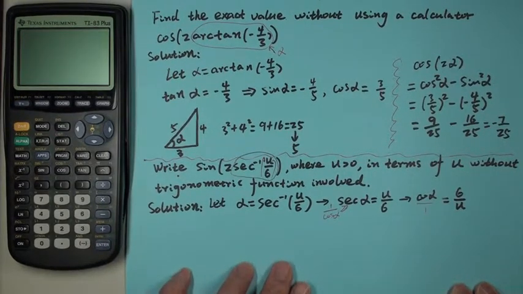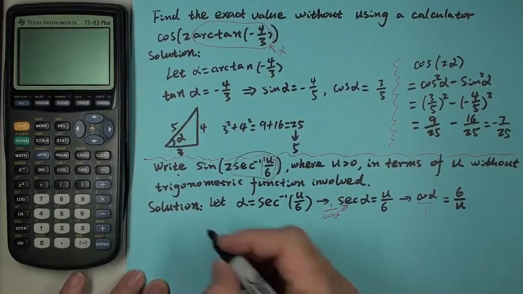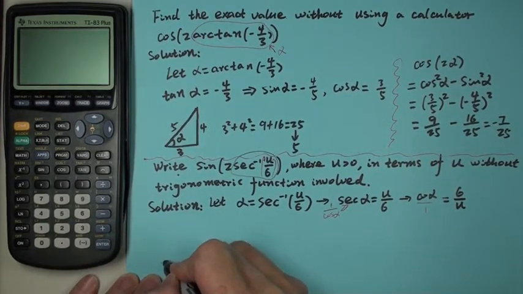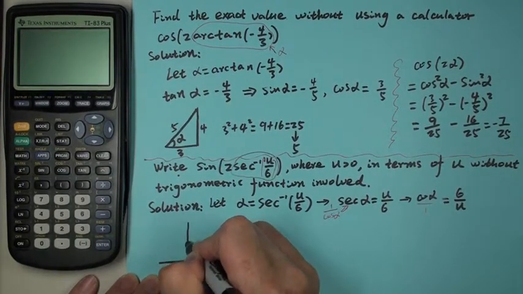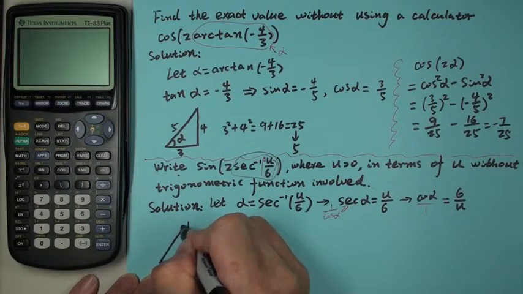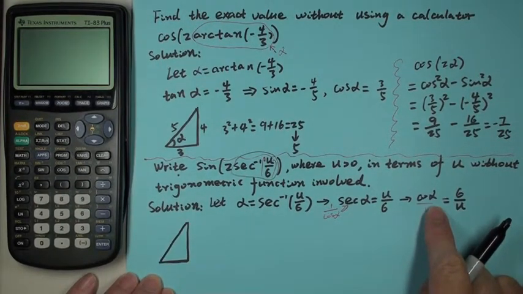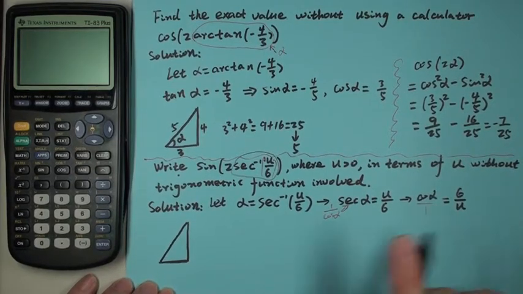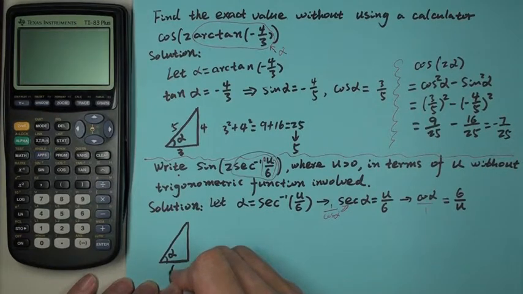Alright, now look, use the picture again. That's the important thing: where you should put alpha, where you should put u. You see, cosine alpha is adjacent over hypotenuse. If you put your alpha here, then 6 will be the adjacent right here.